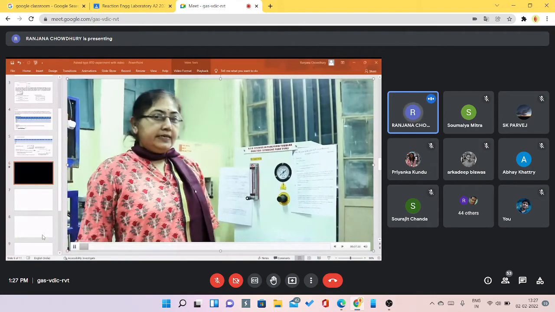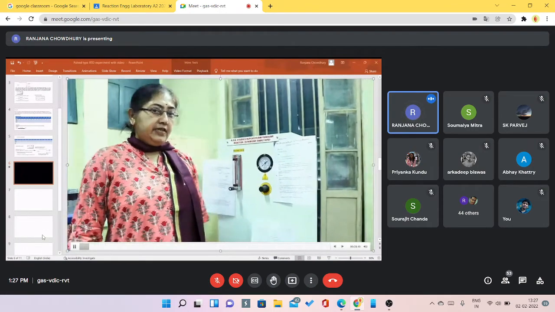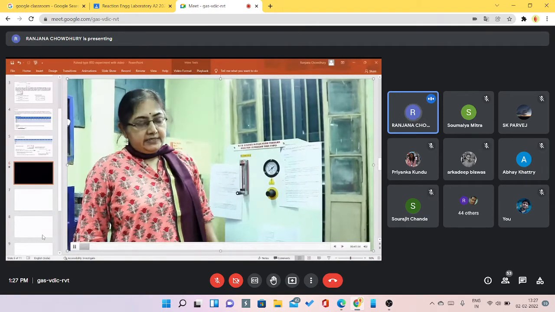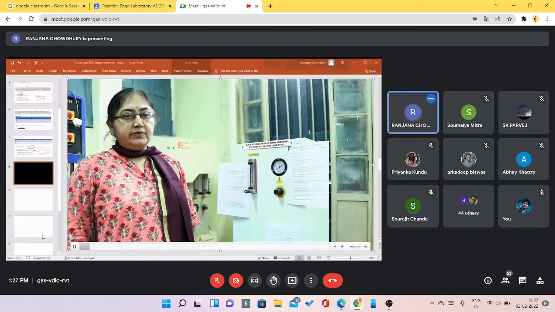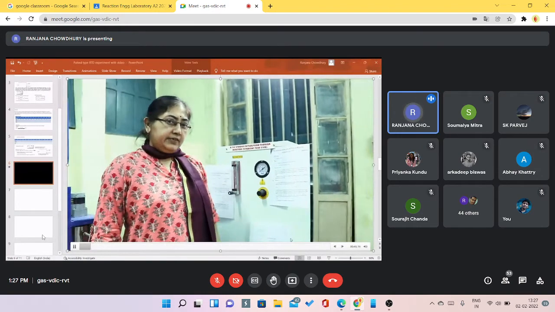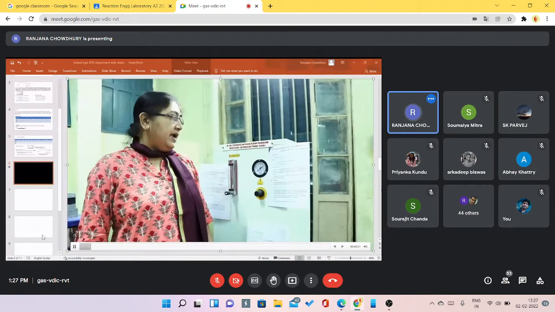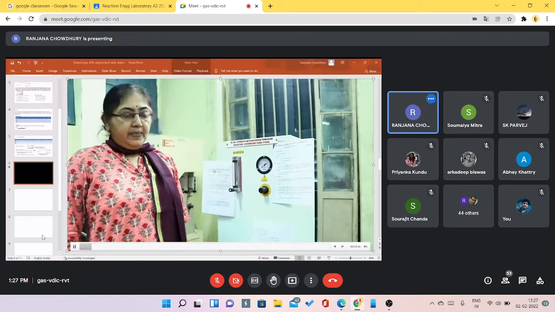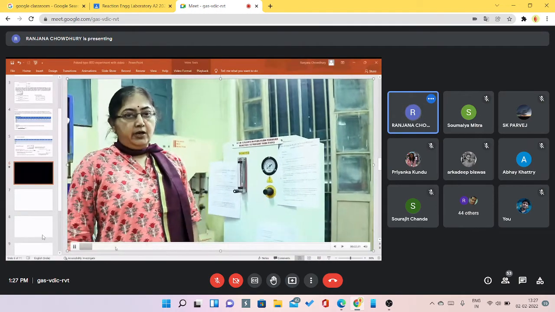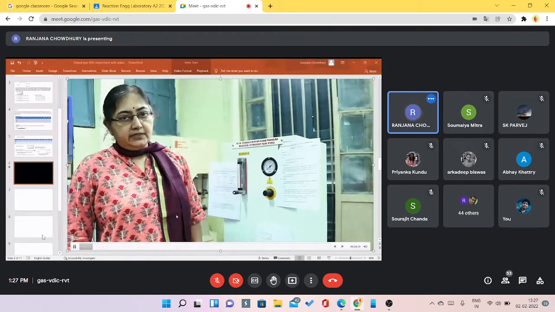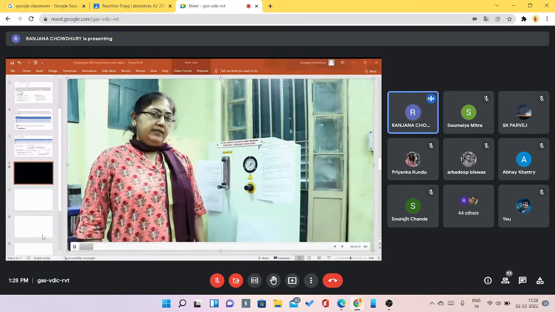So to study the RTD, now the question is, what is actually RTD? RTD is residence time distribution. Now, what is residence time? Residence time is nothing but the time for which the molecules of the reactants reside in our reactor.